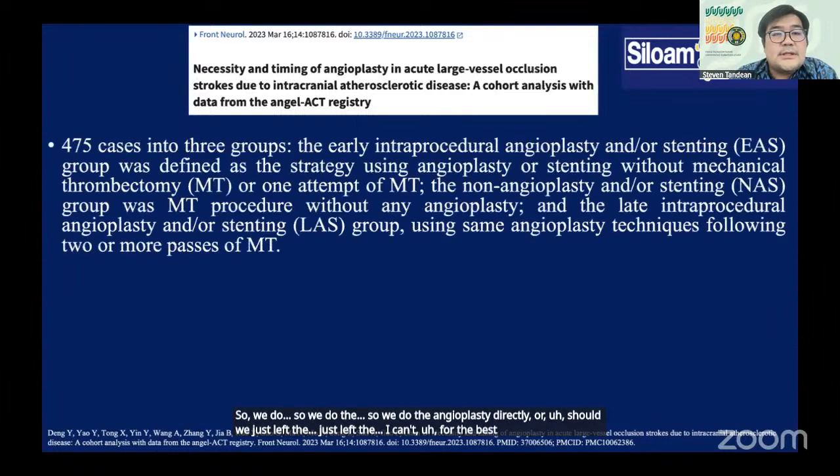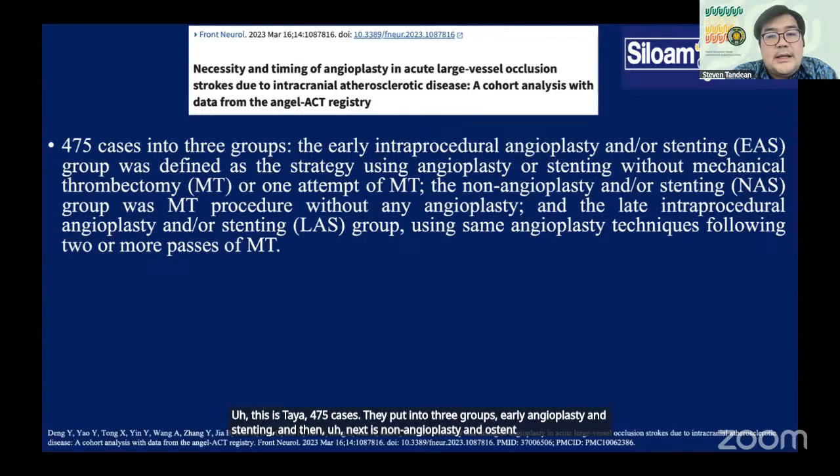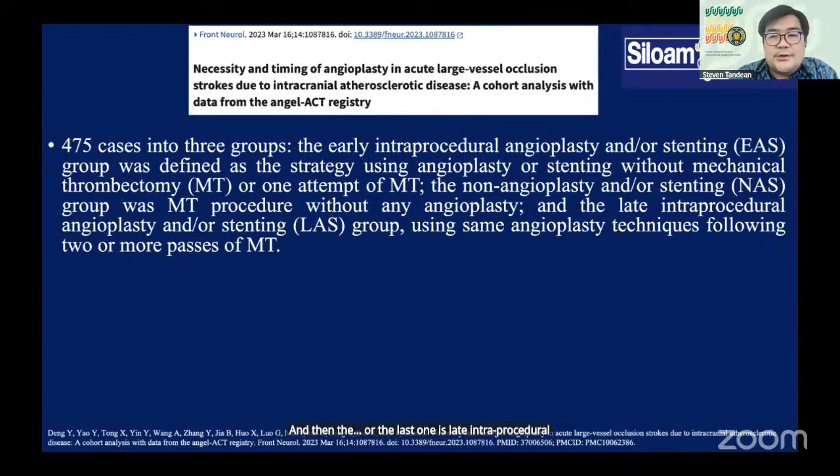So this is the research. This is a trial of 475 cases. They put them into 3 groups: early angioplasty and stenting, then non-angioplasty and/or stenting, and the last one is late intraprocedural angioplasty or stenting.